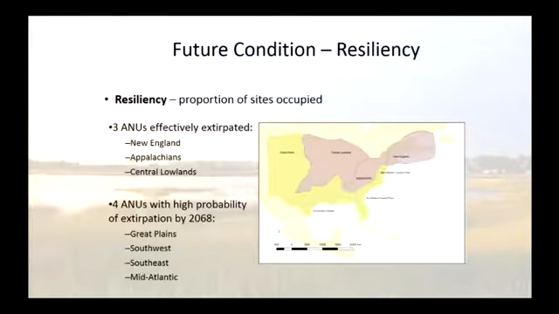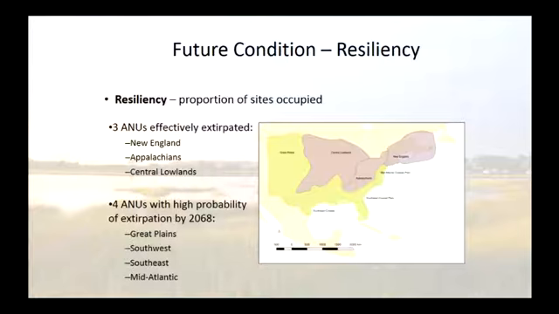Let's see, that slide's out of place. I'm sorry. So we passed that information forward to the decision makers. We decided that, as I said, that resiliency was a metric of those proportion of sites still occupied. That's also, in a way, a measure of redundancy in the future.